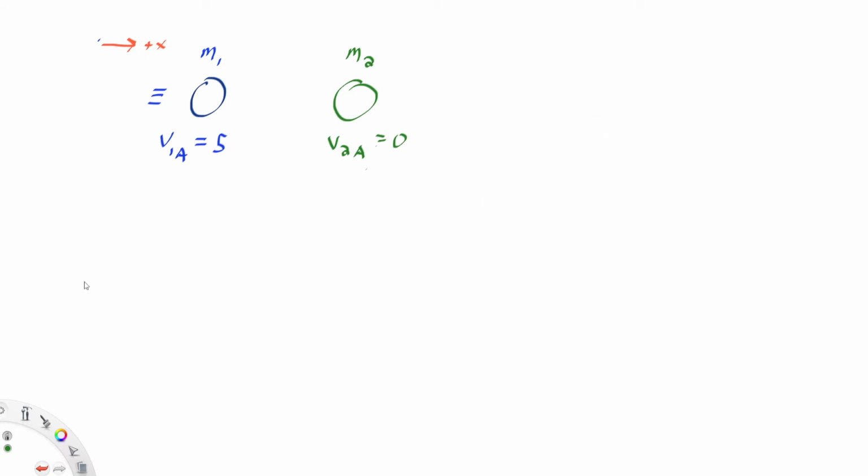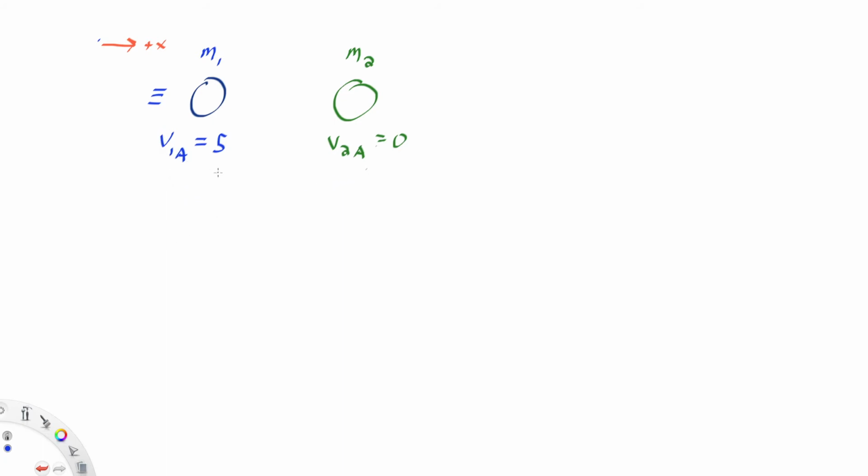All right. That's our before picture. You notice we're starting to get a little subscript happy here, right? So now our subscripts need to tell us not only which object we're talking about, but whether it's before or after. And so my personal convention is that numbers in the subscripts refer to objects and capital letters refer to situations.